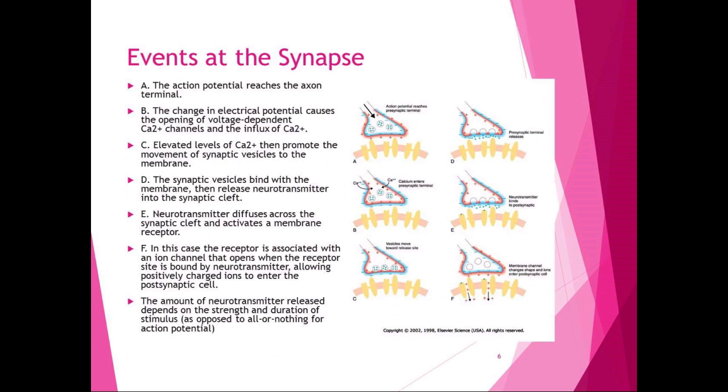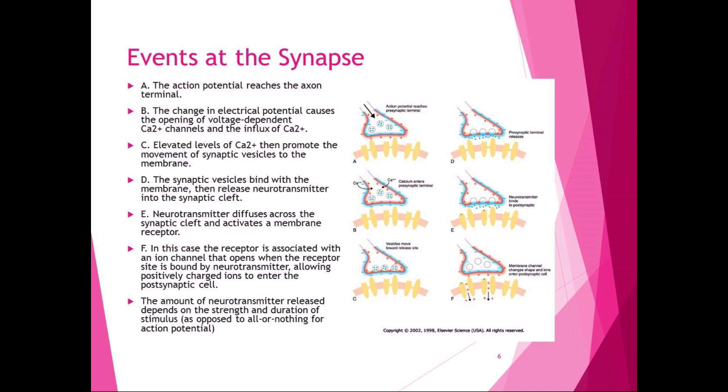So step 1, action potential reaches the axon terminal. Step 2, the change in electrical potential causes opening of voltage-gated calcium channels and the influx of calcium ions. Elevated levels of calcium promote the movement of synaptic vesicles to the membrane. The membrane vesicles bind with the membrane and release neurotransmitter into the cleft.